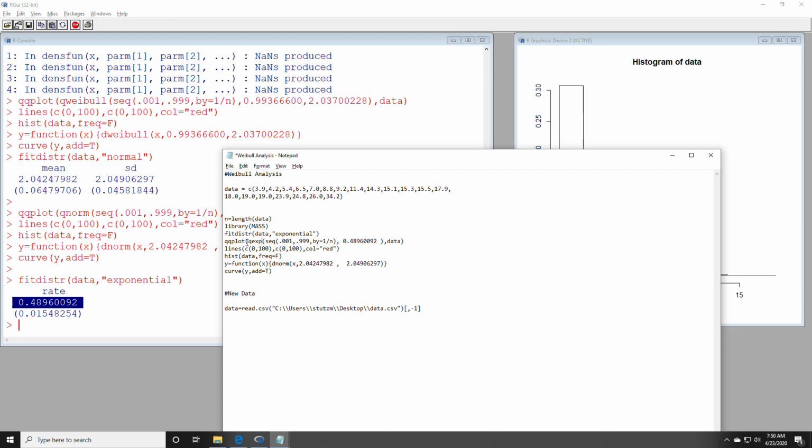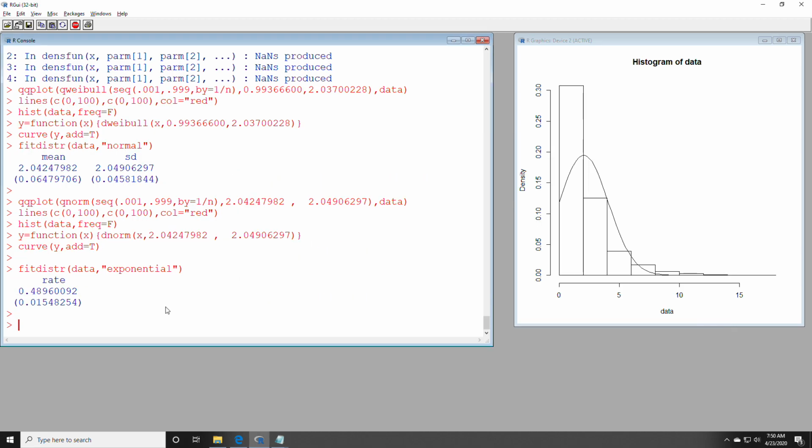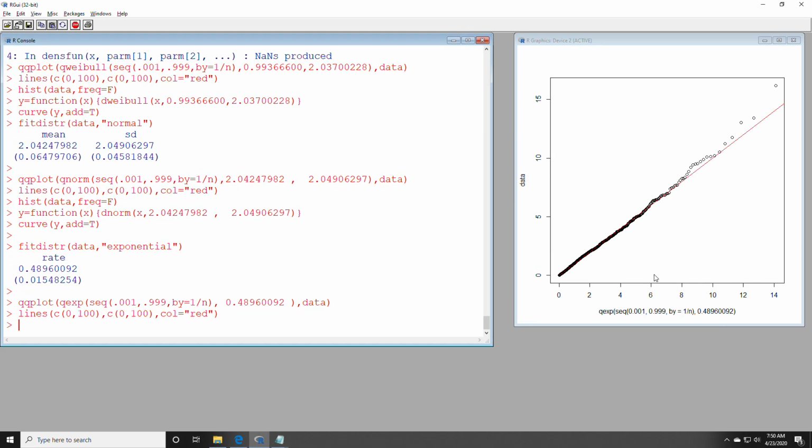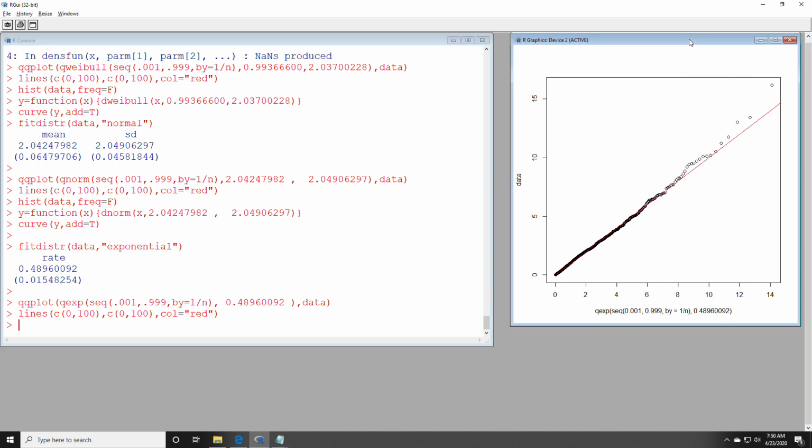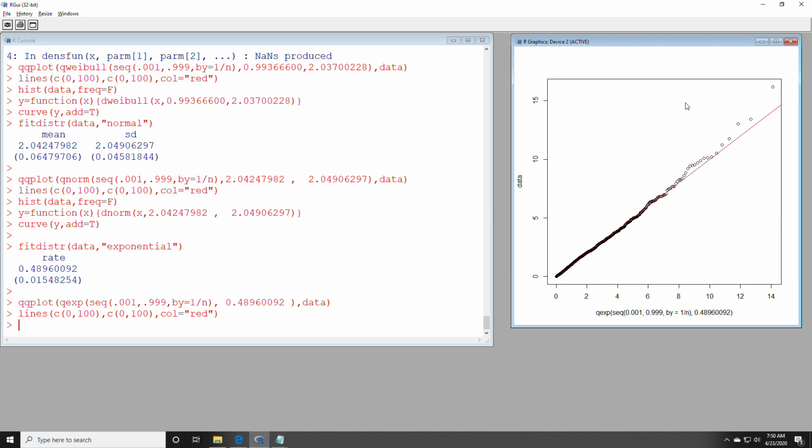And then qexp. Now I didn't save the plot. I probably should have, and I'll go ahead and remind you how you can. To me, just at first glance, this looks almost exactly like the Weibull distribution.